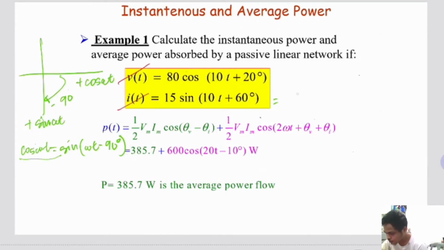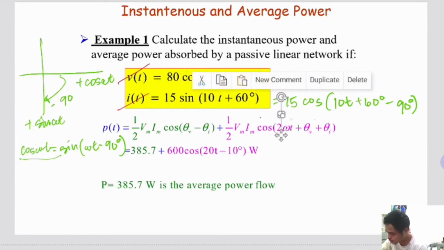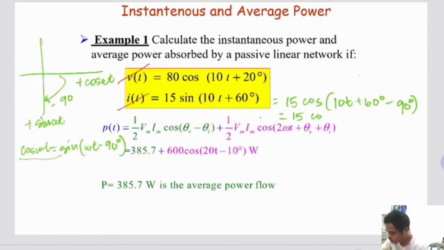Okay, so we have here 15 cosine of 10t plus 60 degrees. Then we have to subtract 90 degrees so that it will become a cosine function. So you have 15 cosine of 10t minus 30 degrees.